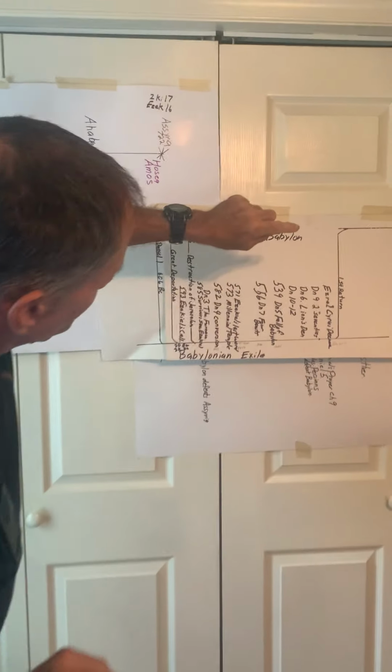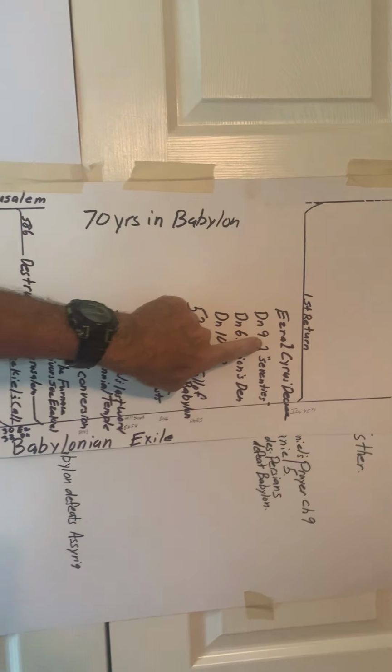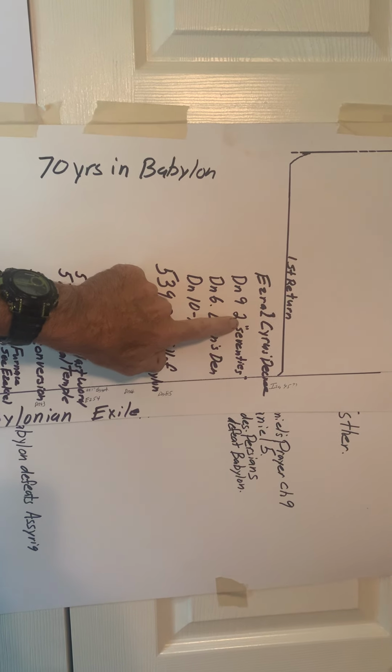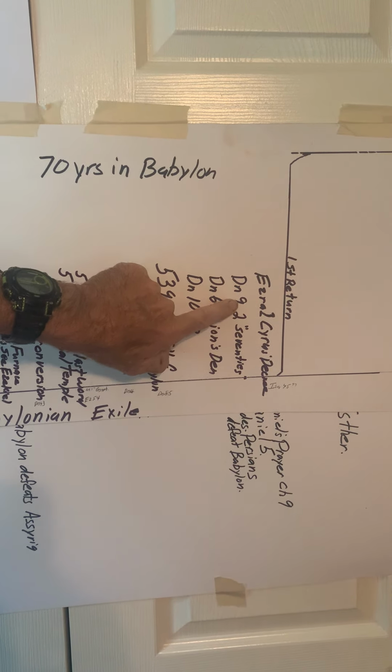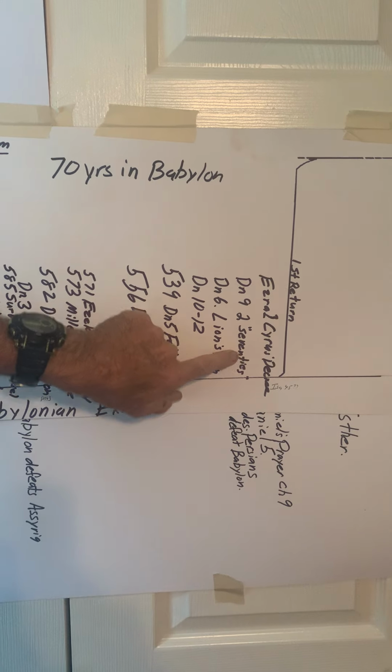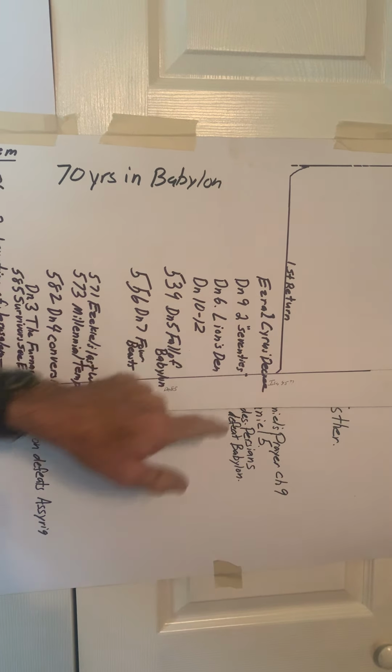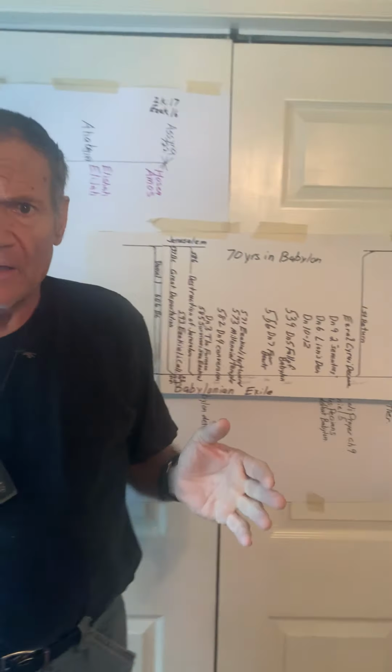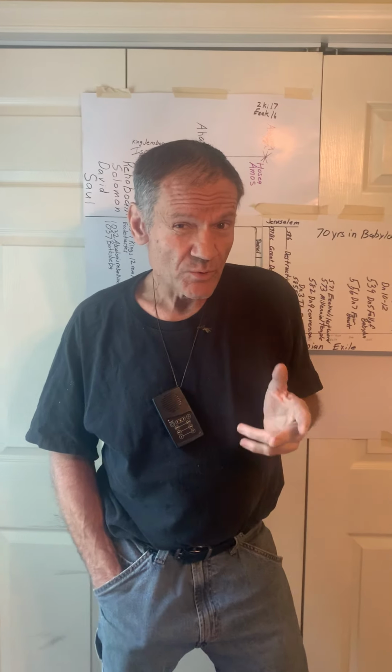And let's see. Oh, this was probably here. I forgot this one. This was probably Daniel's biggest accomplishment here, the 70 years. He's reading his devotions one day from the book of Jeremiah, and he happens to see that the time of Israel's exile is almost over. And he goes, whoa, I see it's written in the Word of God that the 70 years is about up.